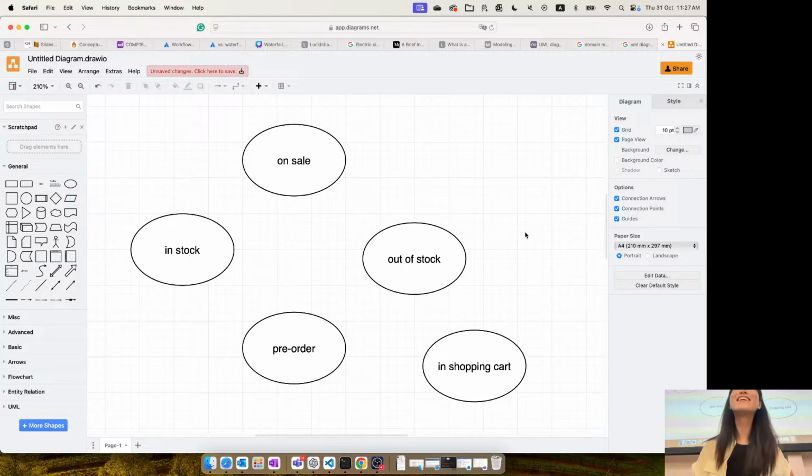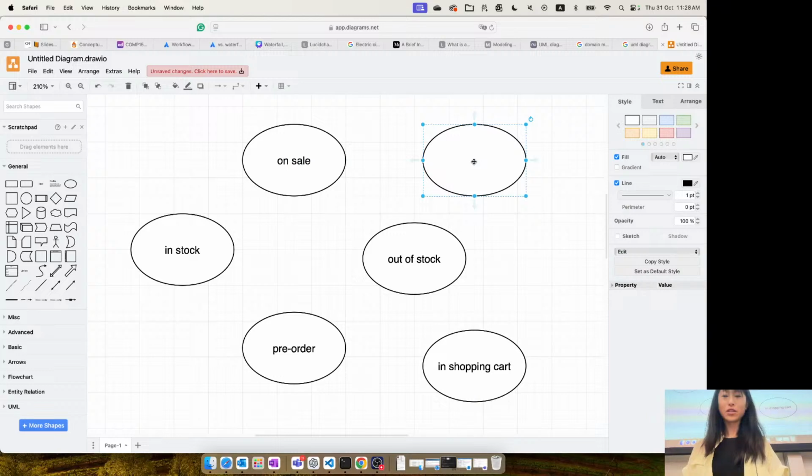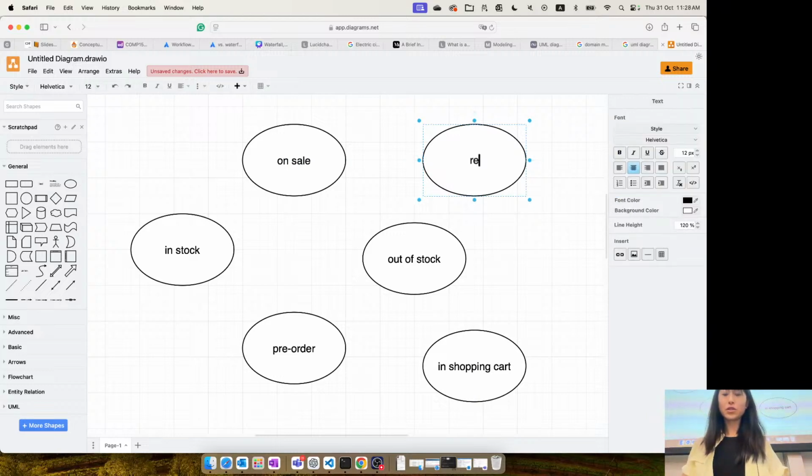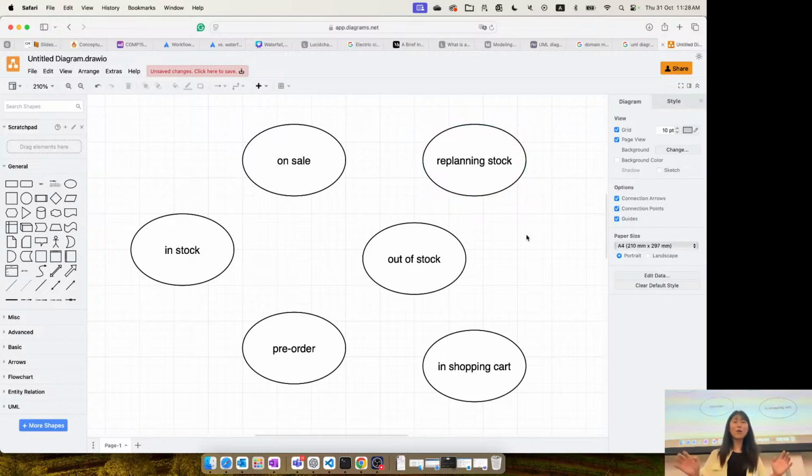Sorry, what? Replenishing stock. Okay. Sorry, my English. Yeah, we can just use that for now. Okay, so now we have all of these states.